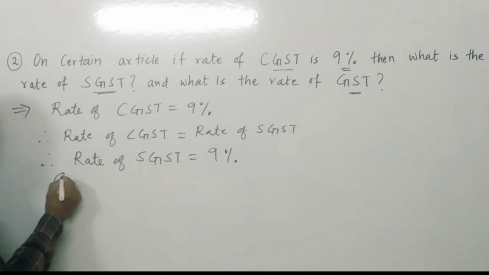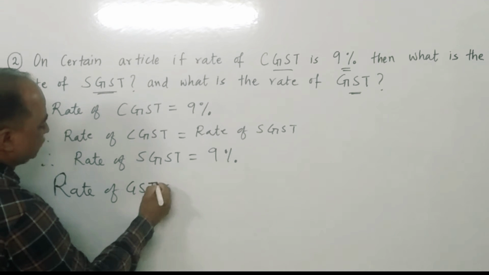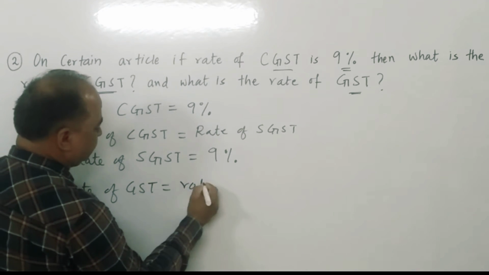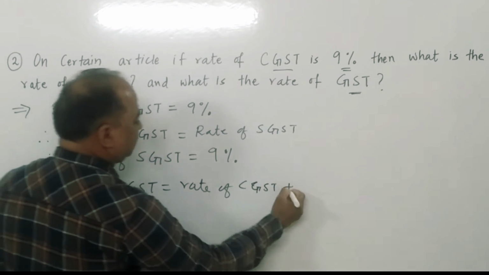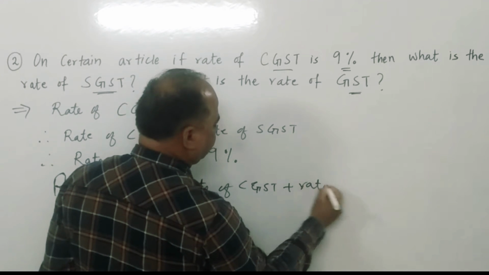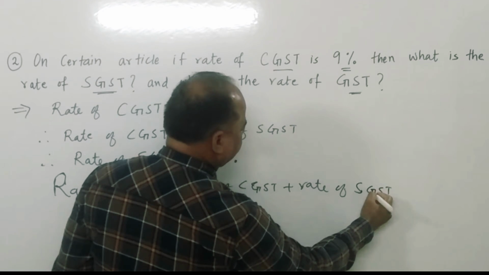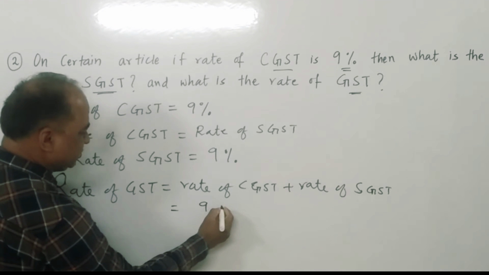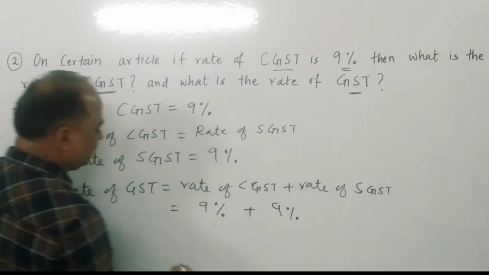So rate of GST, Goods and Service Tax, totally collected, is equal to rate of CGST plus rate of SGST, which is equal to rate of CGST 9% plus rate of SGST 9%.